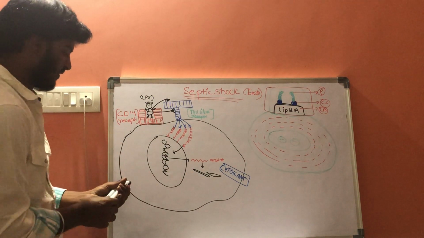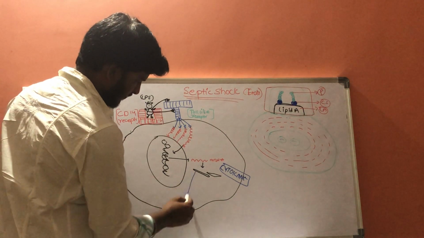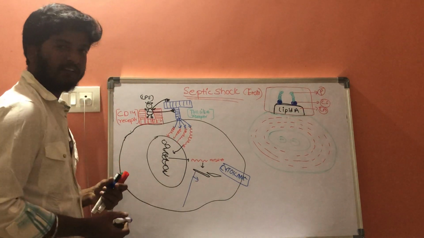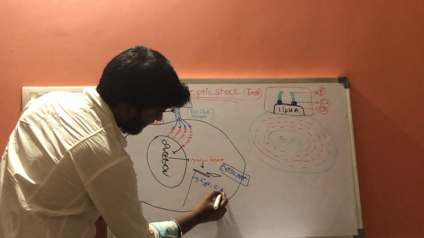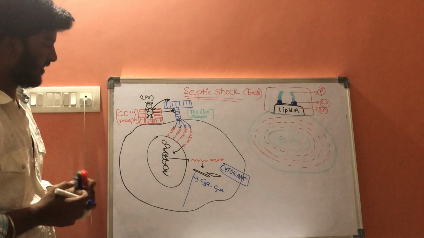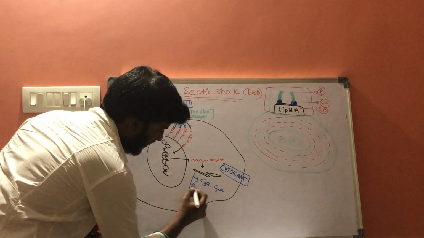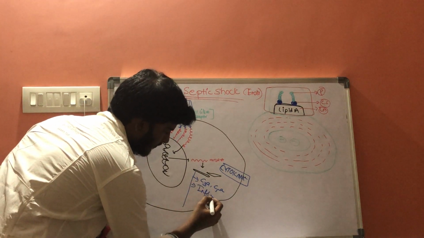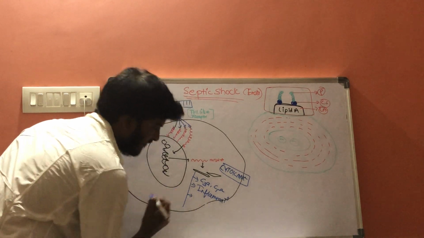The normal function of cytokines is it will activate C3a and C5a complement proteins, and it involves in the inflammation process.